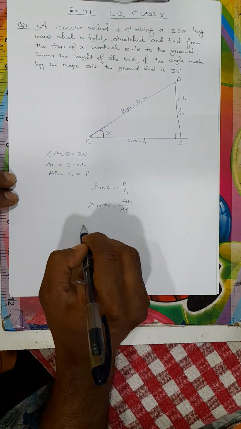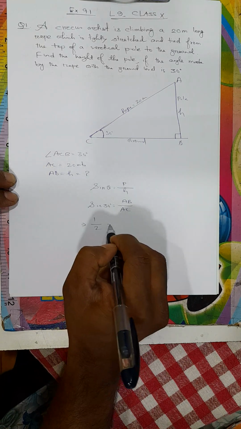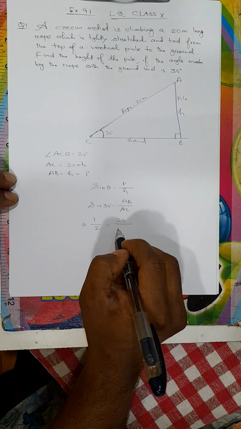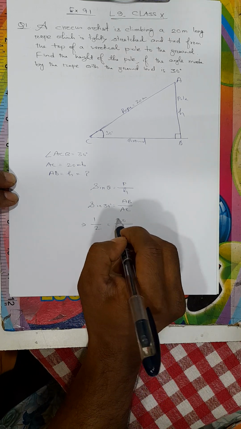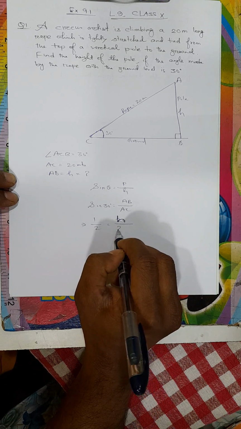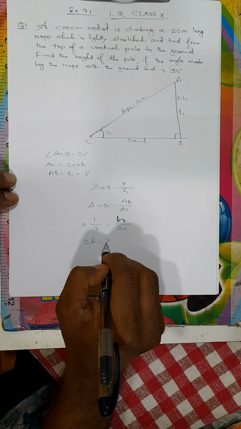So what is sin 30 degree? You remember trigonometric ratios. Sin 30 is half. AC here is 20 and AB here is H. So twice of H equal to 20.